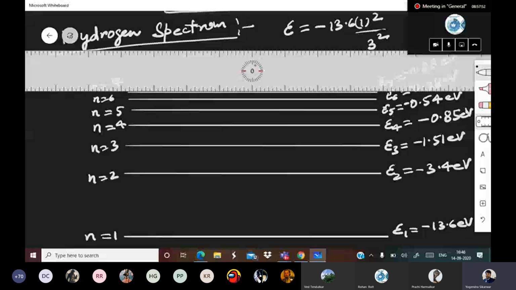So first I am using this color, orange. So this, or this, or this, or this.